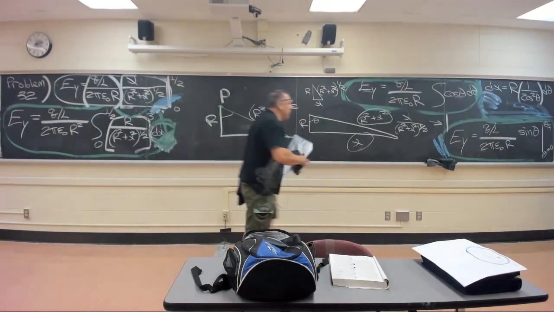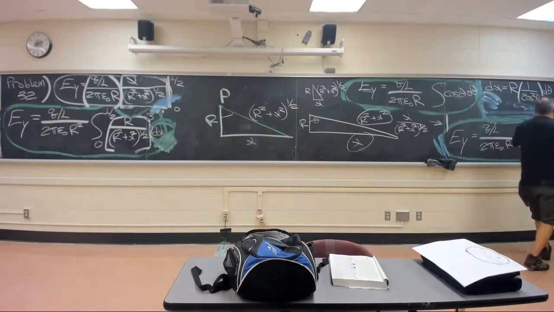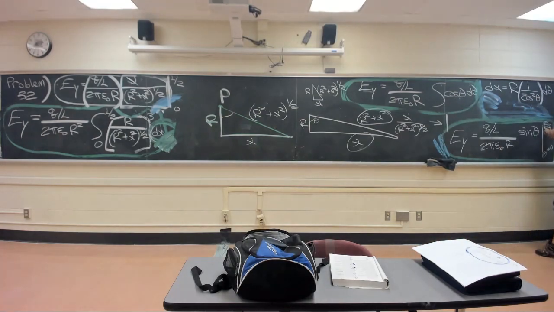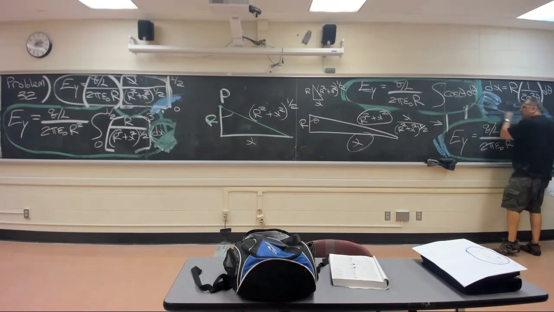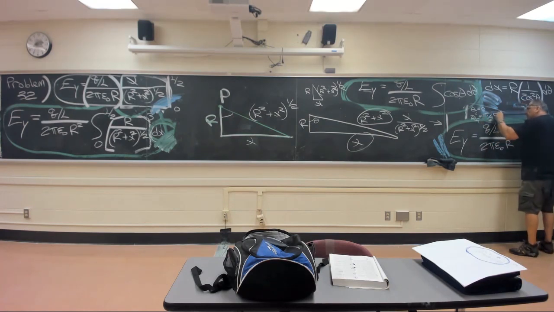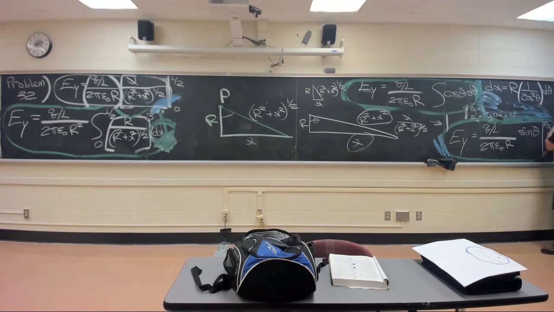if you were to go to theta going to a 90 degree angle, which is pi over 2 radians, you always got to keep it in radians. If you go from theta equals 0, the straight up and down, to theta going to pi over 2 radians, it's going all the way across there, guys.